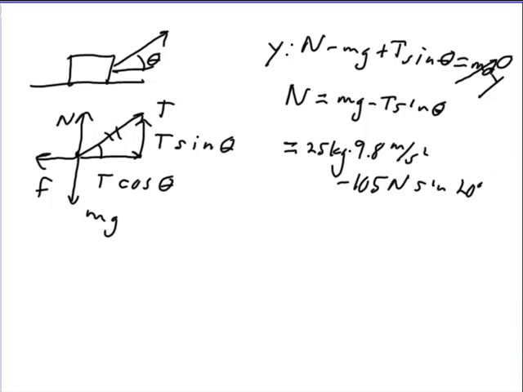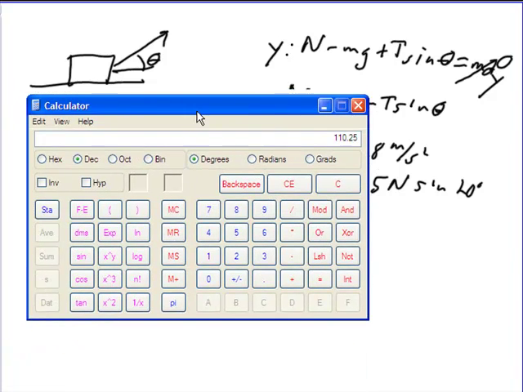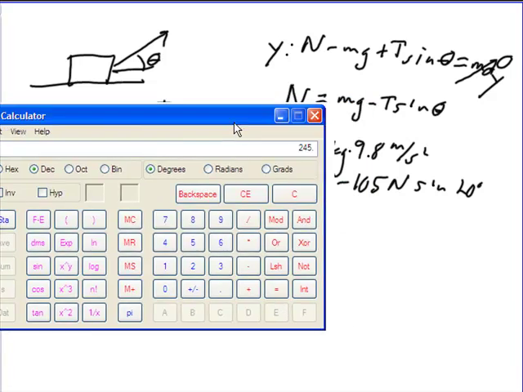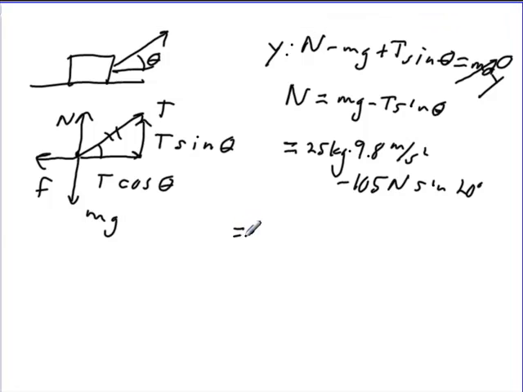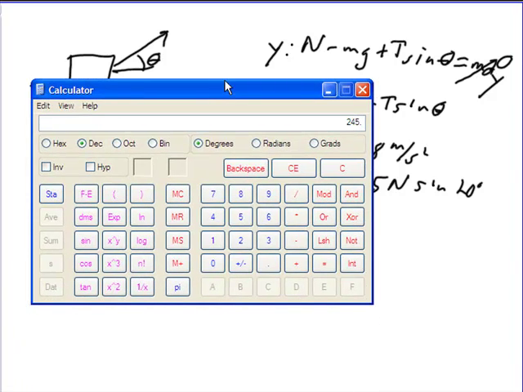Let's pull out the calculator. 25 times 9.8 is 245. Minus 105 times the sine of 20 degrees.